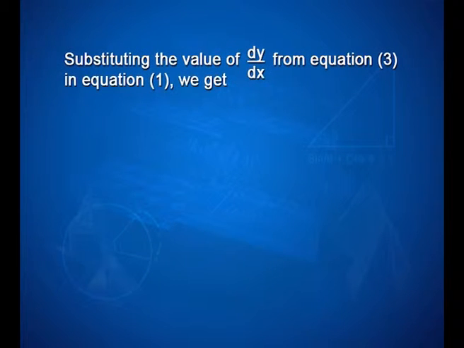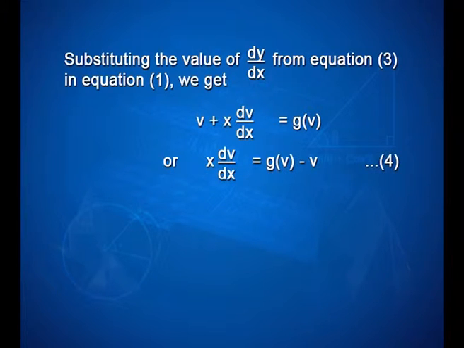On substituting the value of dy upon dx from equation 3 in equation 1, we get v plus x into dv upon dx is equal to g of v, or x into dv upon dx is equal to g of v minus v. Take this as equation number 4.